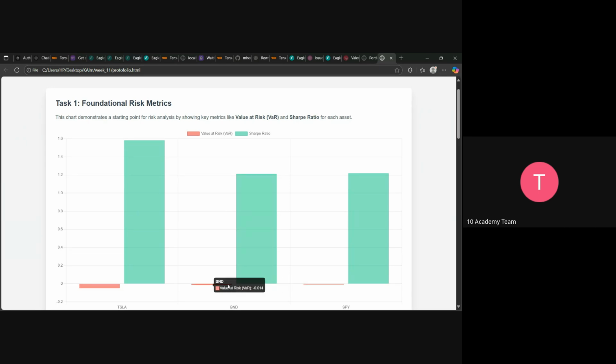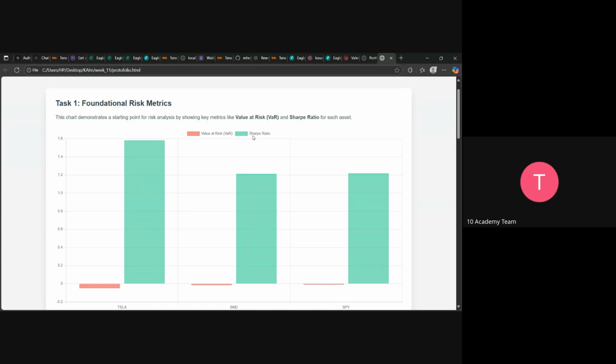Here you can see it's 0.014, and here it's 0.009. All the values are calculated. So the larger negative VaR we have, the greater loss we might expect from this company, or we can expect a larger volatility on this specific company.